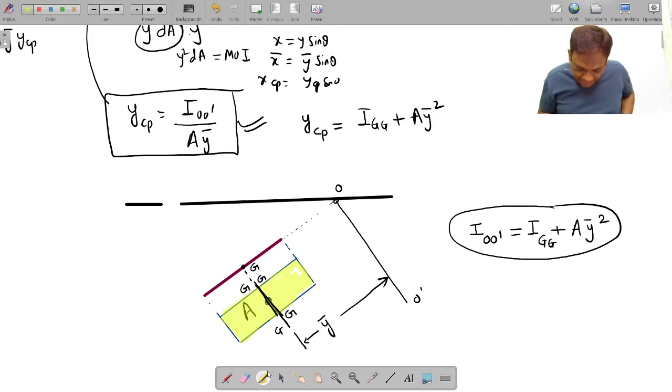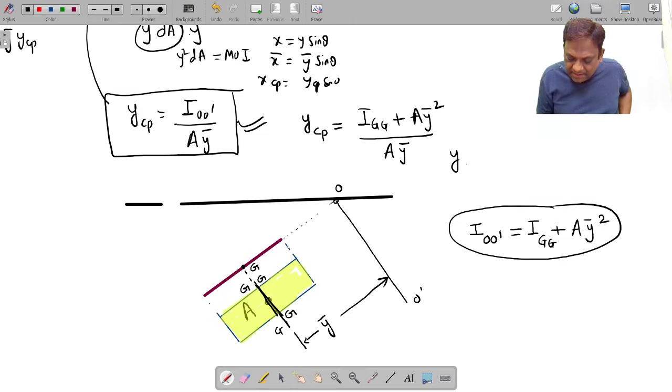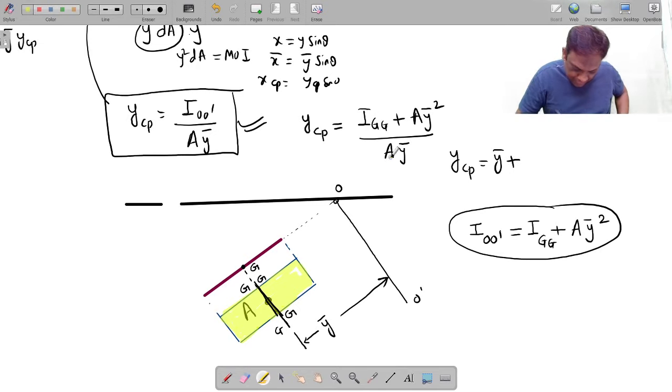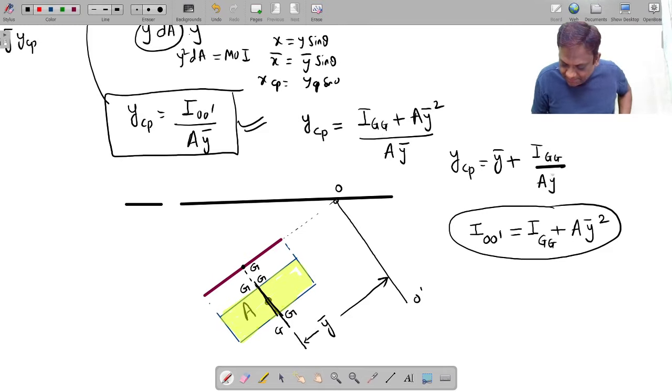So YCP is equal to, dividing and separating, y bar gets cancelled, A gets cancelled, so only one y bar will be left. So y bar plus, dividing these two, IGG by A y bar. But everyone knows.